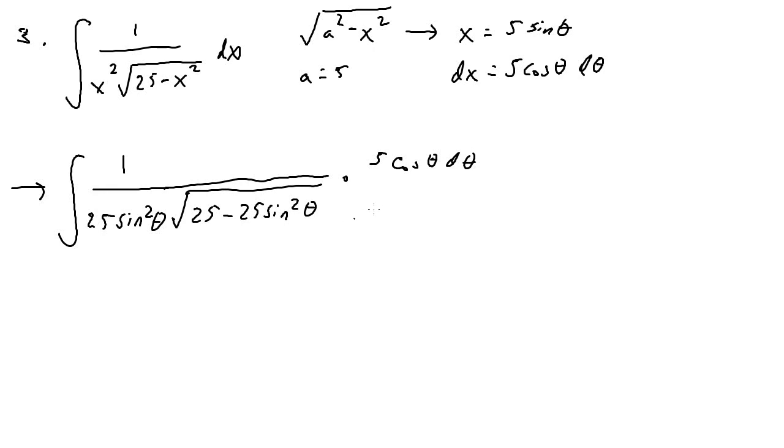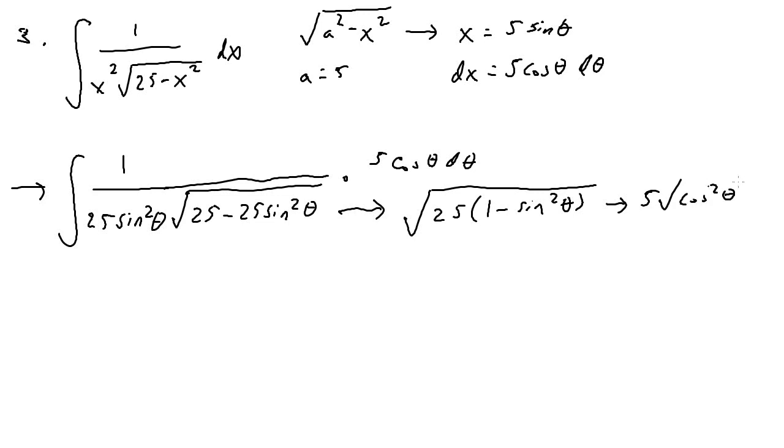So when I simplify the radical, once again, like all the other problems, we're going to factor out the a squared value, so 25 times 1 minus sine squared theta. So 1 minus sine squared theta is obviously cosine squared theta using trig identities, and the square root of 25 is 5. So we're going to end up getting 5 times the square root of cosine squared. And the square root of cosine squared is obviously just 5 cosine theta.